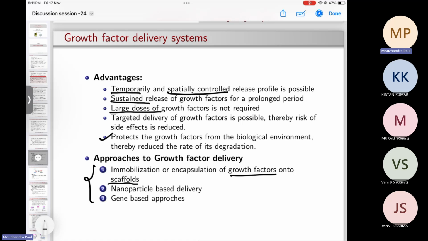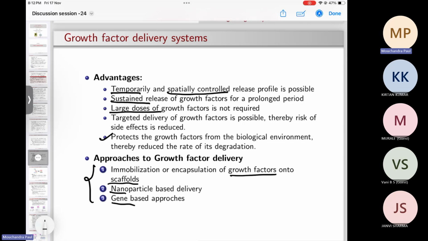Now, another approach is to use nanoparticles to deliver these growth factors. And the third approach is to use genes, like the gene which is encoding for your growth factor. So rather than delivering the protein, which has a lower half life, you can use the gene encoding that protein and modify the cells at the gene level, not at the cytoplasm or cell level.